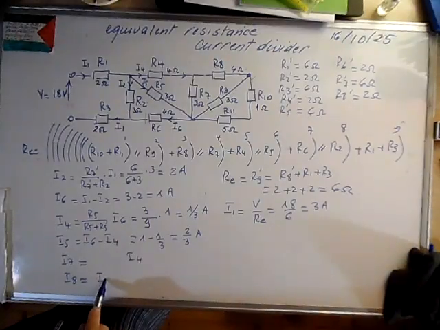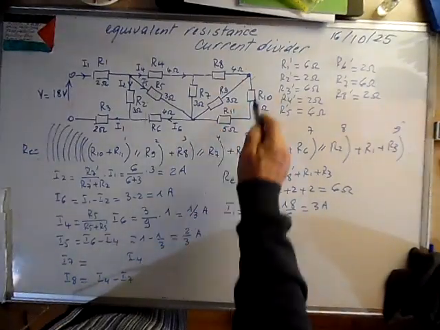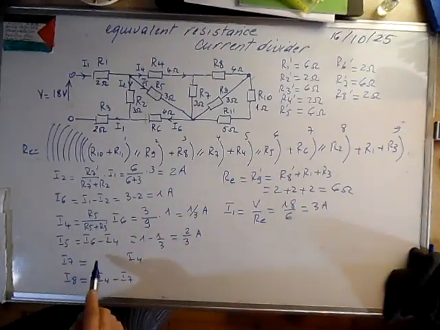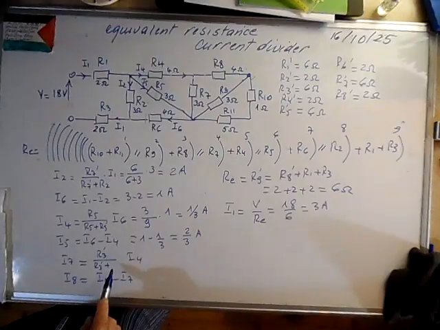So yes, I4 minus I7. I7 is the equivalent resistance of these 4 resistances, which is R3 prime over R3 prime plus R3.